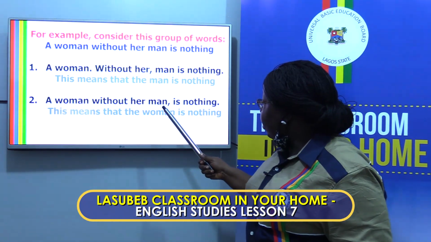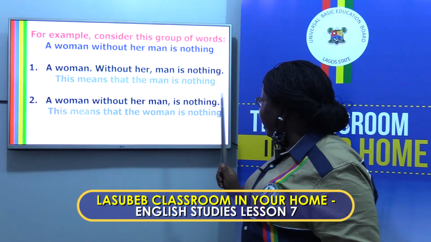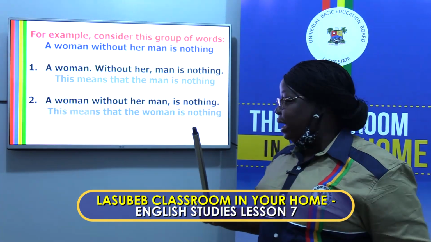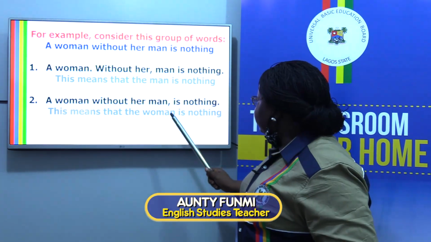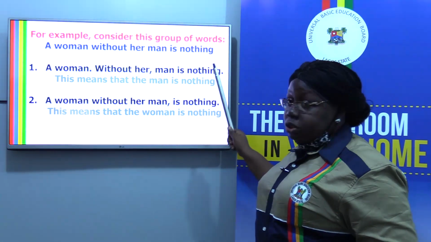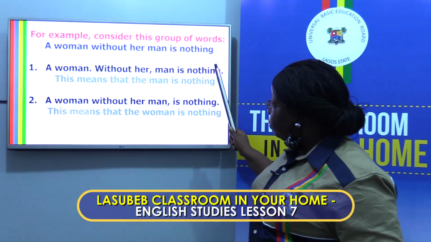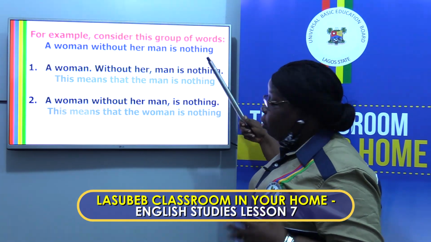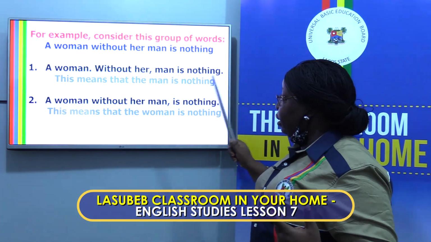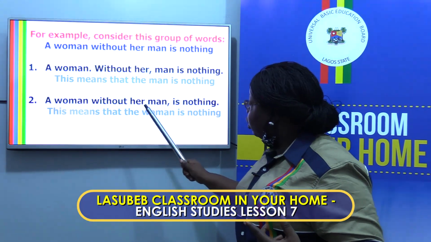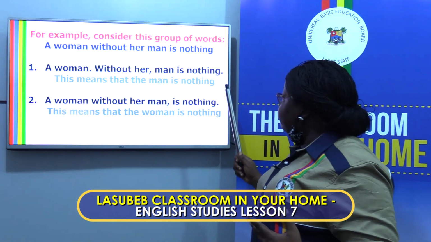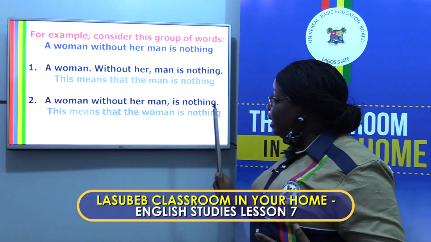Because of where you have placed the comma and the full stop, it gives it an entirely different meaning. And the meaning is that the woman is nothing. The first sentence implied that the man is nothing, but the second sentence implied that the woman is nothing.